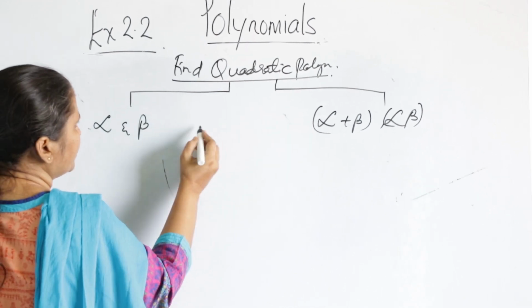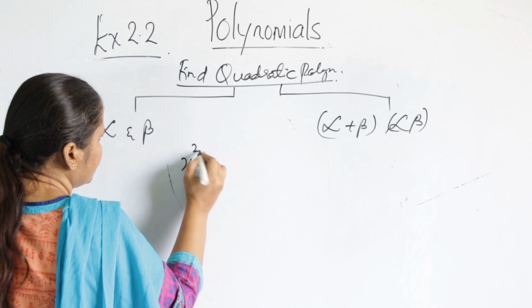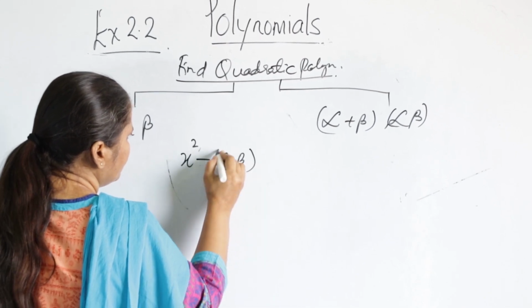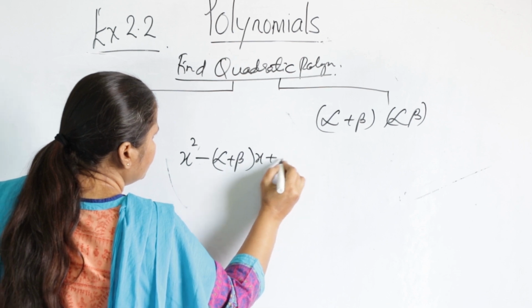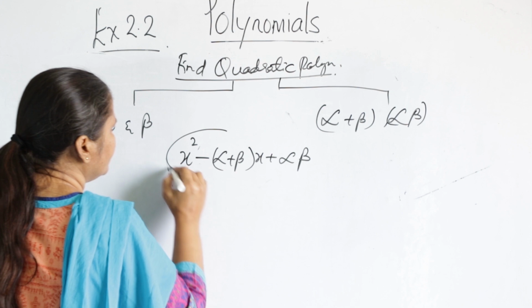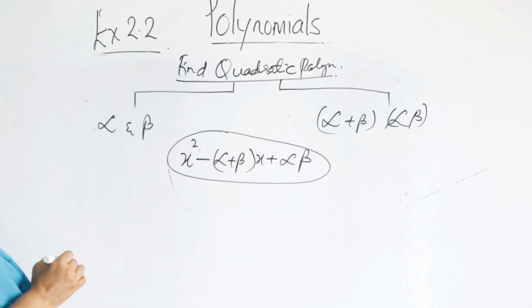For both these cases, we use this only: x square minus (alpha plus beta) x plus alpha beta. For both these, we use this form of quadratic polynomial.